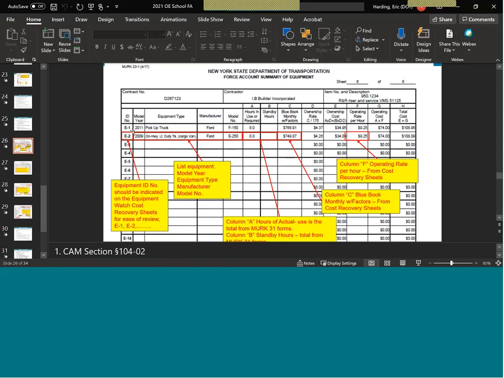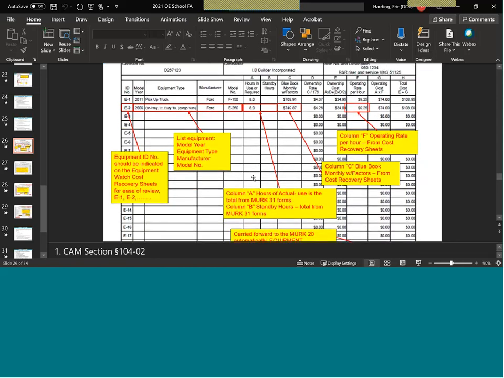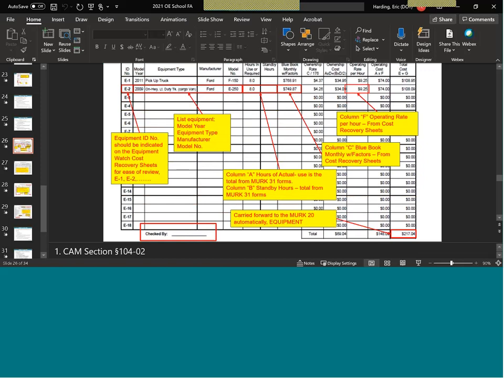One thing I'll say, E1 here, a 2011 pickup truck: cab configuration can change the price. Four-wheel drive, two-wheel drive obviously can change the price. I'm going to guess there are several configurations of a Ford F-150 for 2011. So that can be something you want to have your inspectors record in their daily work report, so that we can make sure we're getting the actual correct rate for that piece of equipment.